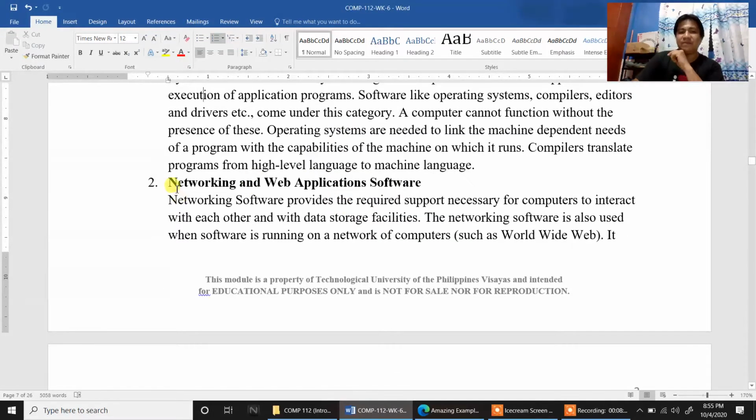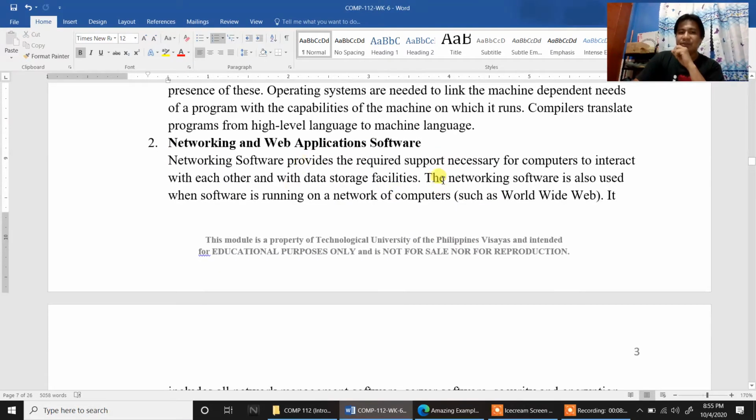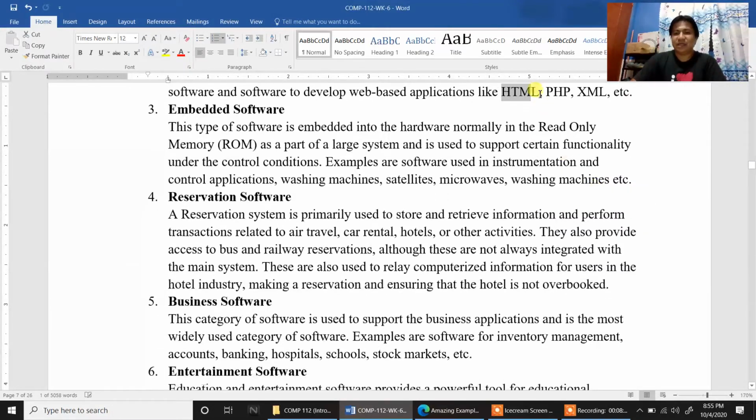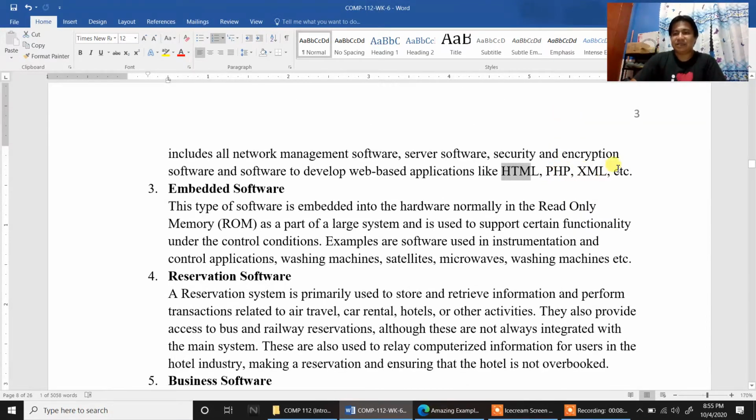Then we have the network and web applications. By the word network, they specify an operating system that can manipulate through the network, or can also run on different servers, and most especially for security. It is developed in web-based application software like HTML, PHP, and XML.